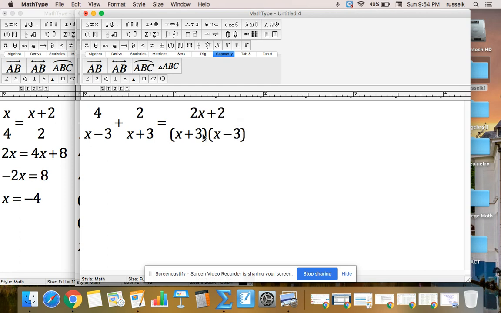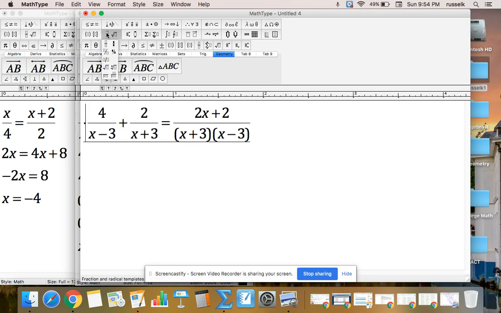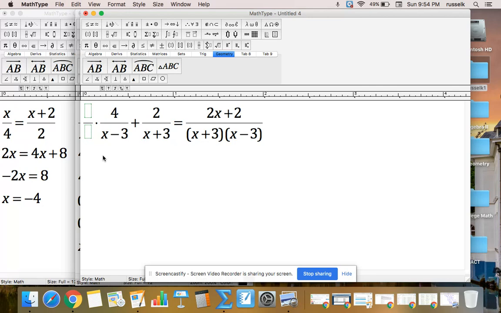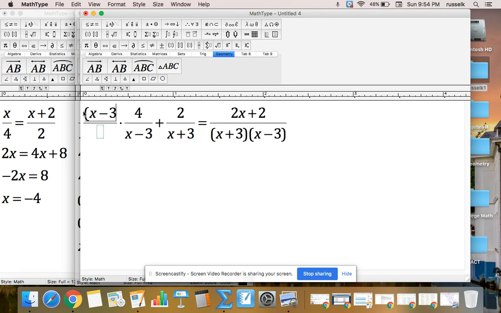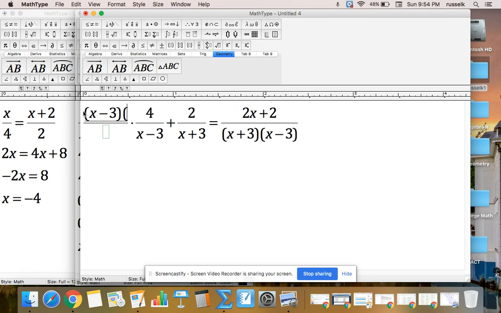That just lets us see what's in each denominator, so we make sure that we include that in our least common denominator. So to come up with our least common denominator, I just go through and look at each denominator and make sure that I include that in my least common denominator. So x minus 3 is one of our denominators, so that needs to go in my least common denominator.